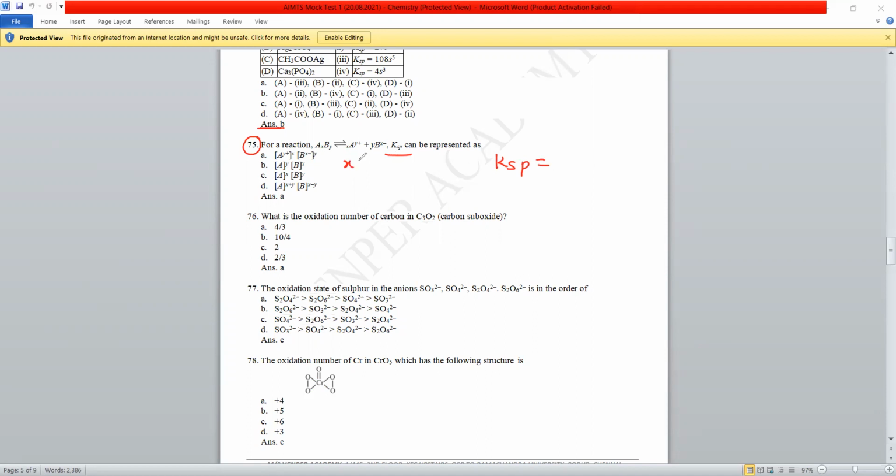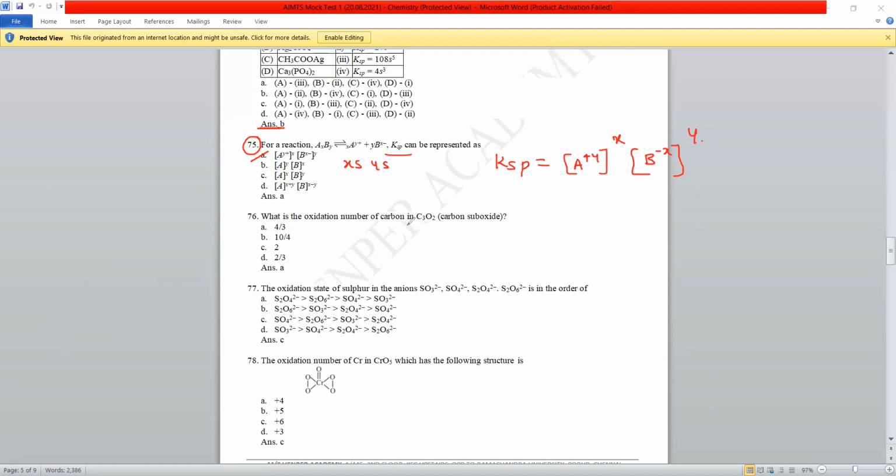X moles of A are formed and y moles of B are formed. So Ksp equals the concentration of A^(y+) raised to x into the concentration of B^(x-) raised to y. This is the correct representation, students. The answer is A, exactly correct.